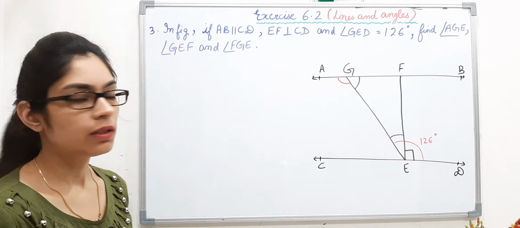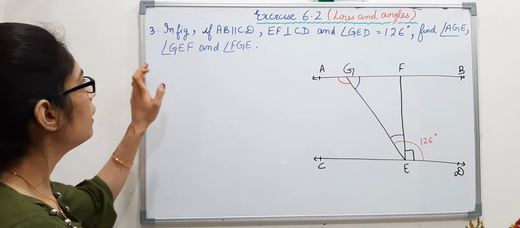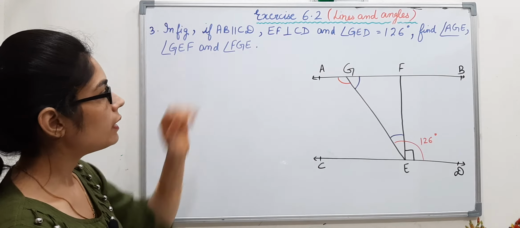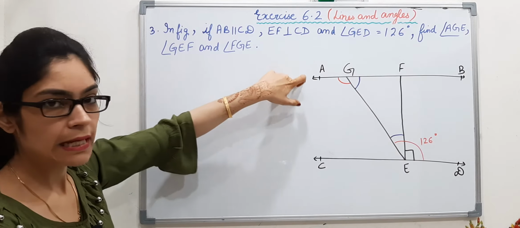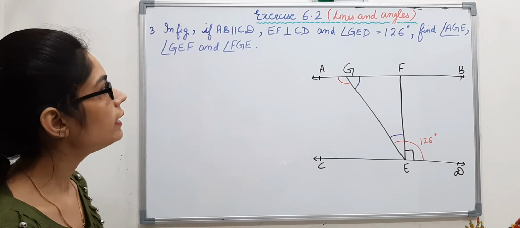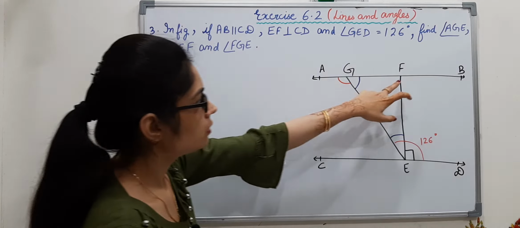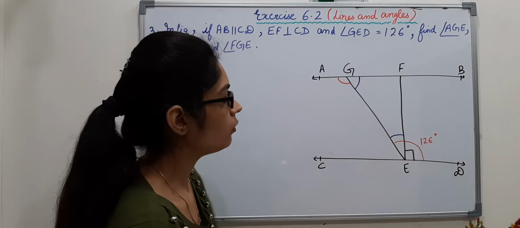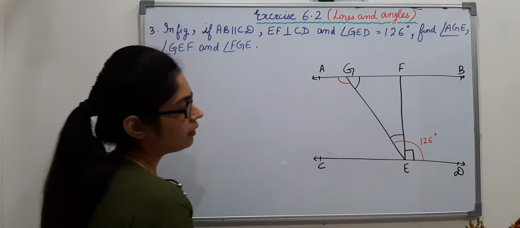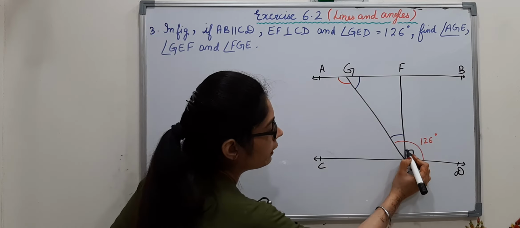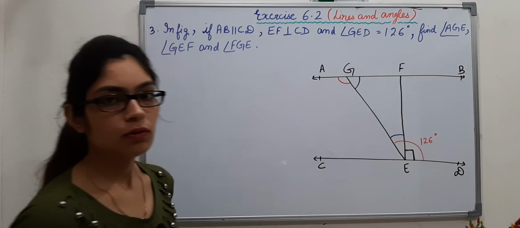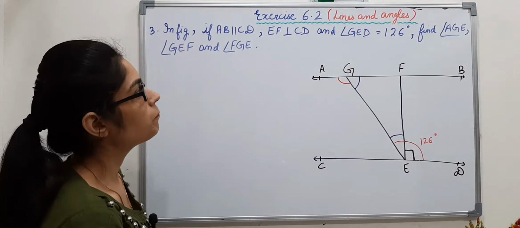In question number 3, this figure is given to us and it's given that line AB is parallel to CD. So this is AB and this line is parallel to CD. EF is perpendicular on CD. This is EF, this is perpendicular. So this angle is 90 degrees, this is a sign of perpendicular and the value of this is 90 degrees.